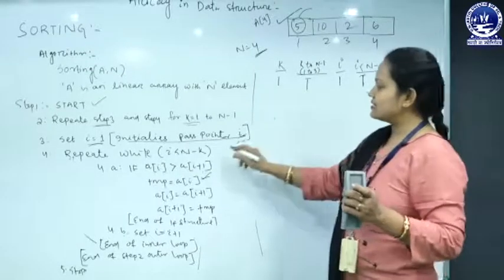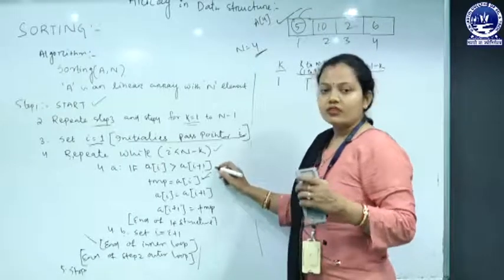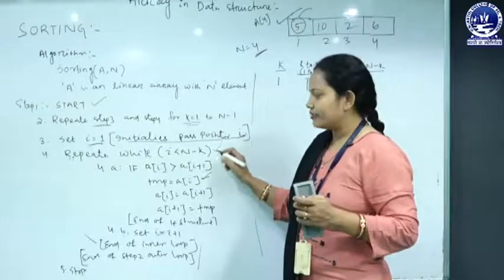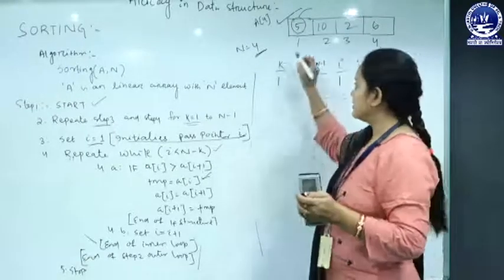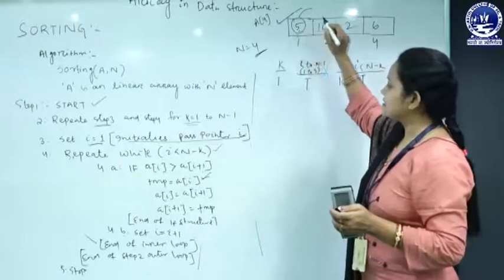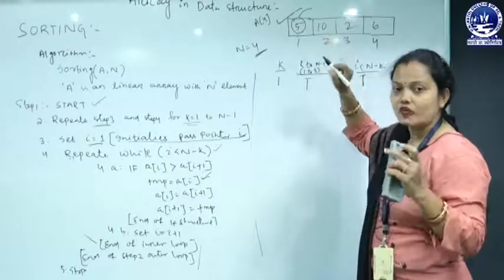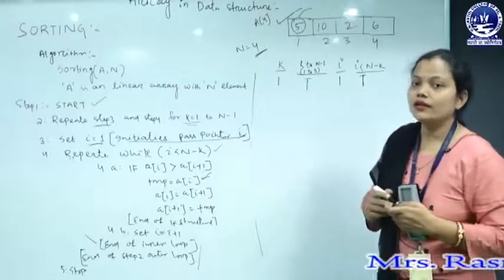As this condition is true, we enter into the step 4 block. In step 4, we first check an if condition: whether the data at this location is greater than the data at the next location, that is, whether a of I is greater than a of I plus 1.